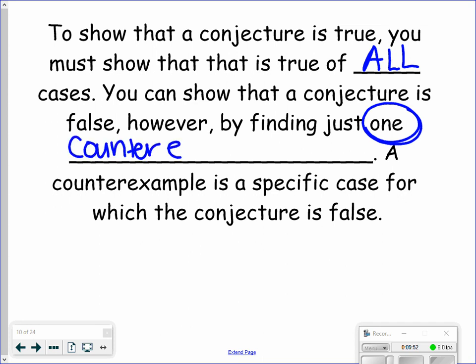A counterexample is a specific case in which the conjecture is false. So a conjecture is true as long as all cases work. But as soon as you find just that one that makes it false, then it would make the entire conjecture false.